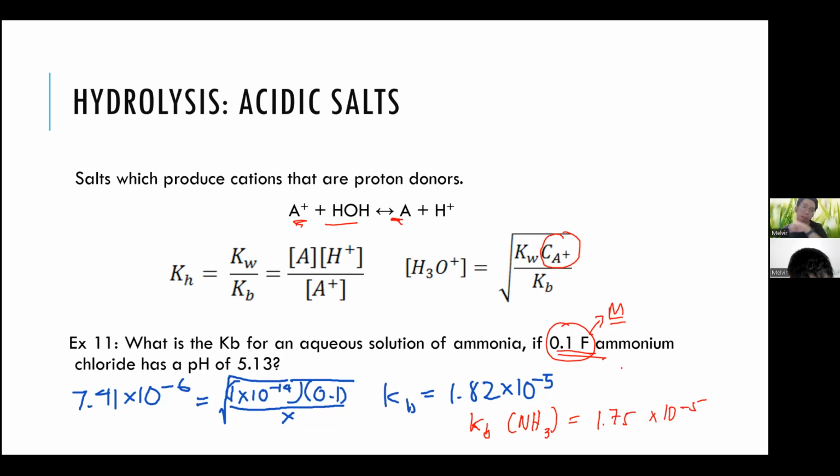For sure, the one who prepared it only calculated it. So you may have errors in weighing, errors in the dissociation itself, and the pH meter can also have errors. It will make your calculated Kb for ammonia quite near, but not exactly the declared value of the Kb of ammonia based on books, or in reality. That's okay, 1.82 times 10 to the negative 5.